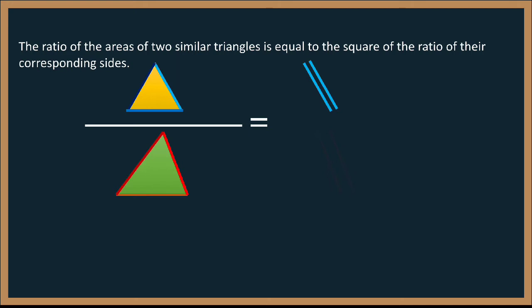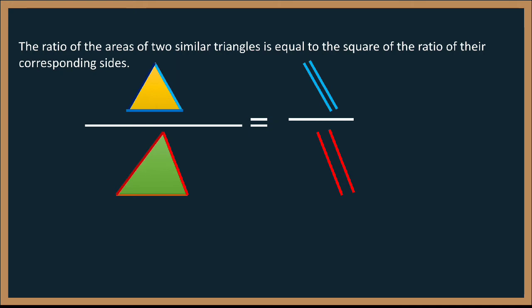So square of one side, which is this. If that blue line is 5 centimeters, square of that means 5 into 5, upon, if this green triangle has one of the sides, red in color, which is 6 centimeters, say, it will be 6 into 6, that is 36.